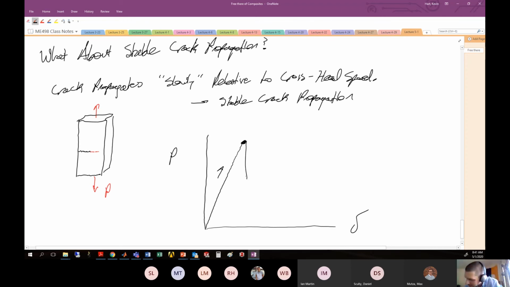But instead of big jumps like we saw before, it's just going to drop a little bit. And so the load is going to drop very slowly. So what you'll see is something that looks like a lot of little individual events, right, as this crack propagates.